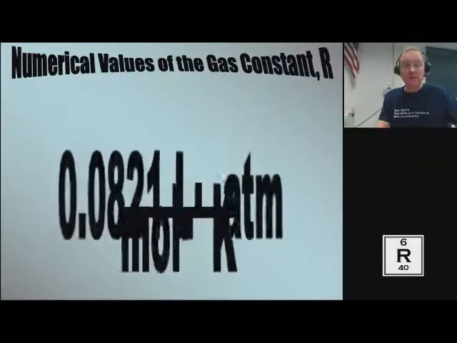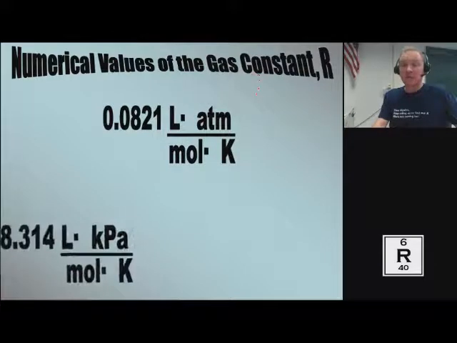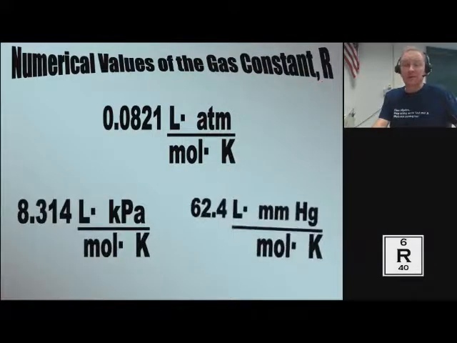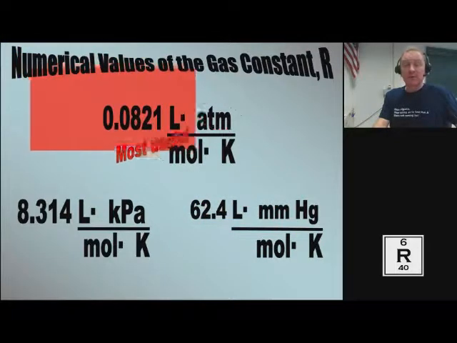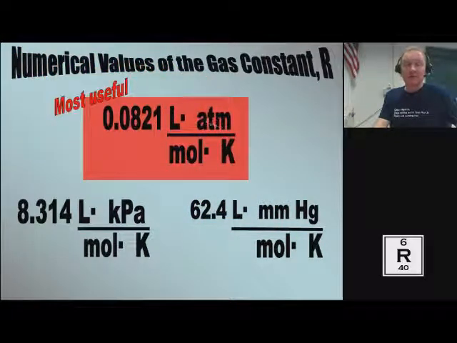So R, remember, this is your R constant right here. There are different values for R. I like atmospheres. Most of my questions are in atmospheres. Sometimes, though, the pressure is given to you in kilopascals, or sometimes in torr, which is also millimeters of mercury.